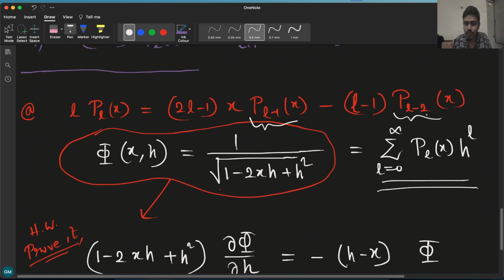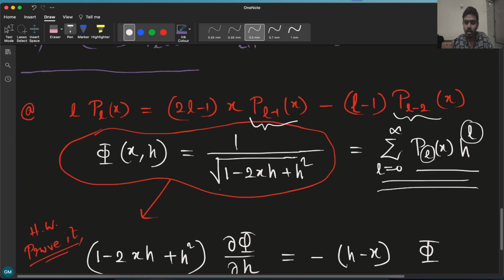Now if we try to do that, in this relation the index of the power of h and the index of P, that is P_l, are the same. So somehow we need to create a mismatch between these two, and that can be done by differentiating phi with respect to h. Then h to the power l can be reduced to h to the power l minus 1.